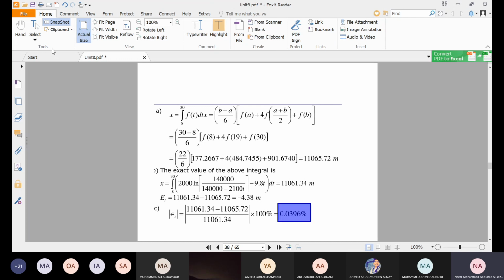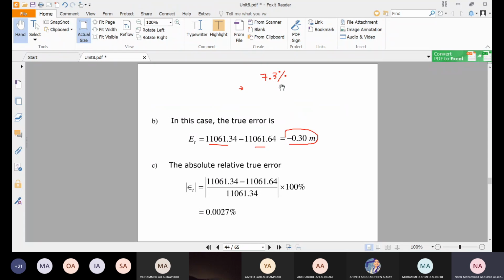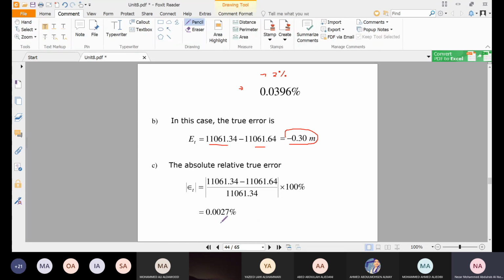When we used a single segment, this is the error, 0.0396. When we use multiple segments, we get this error. That means if we use multiple segments, we can enhance the accuracy by reducing the value of the error. Step by step we can reduce the error.